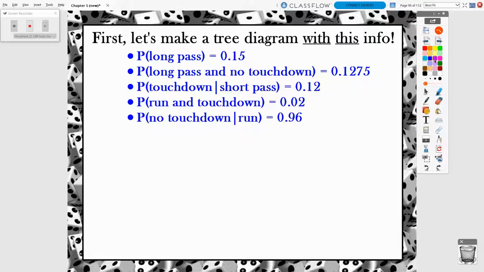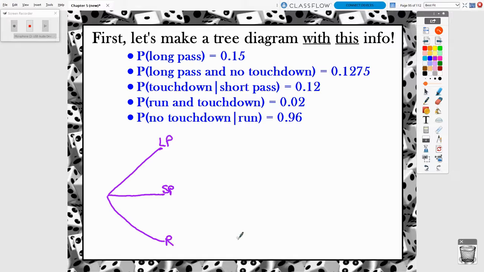So, team gets the ball within the 20-yard line. Coach had how many options? Three options. So this is where the tree diagram is going to get a little more full, if you will. We've got three possibilities. I'm going to do LP for long pass, SP for short pass, and R for run.